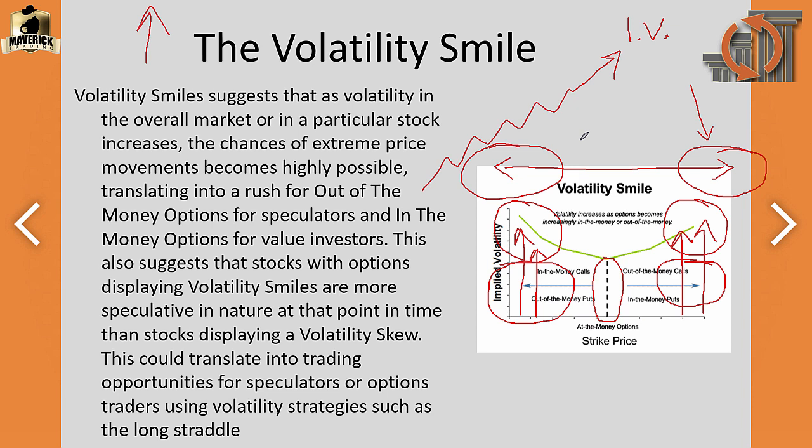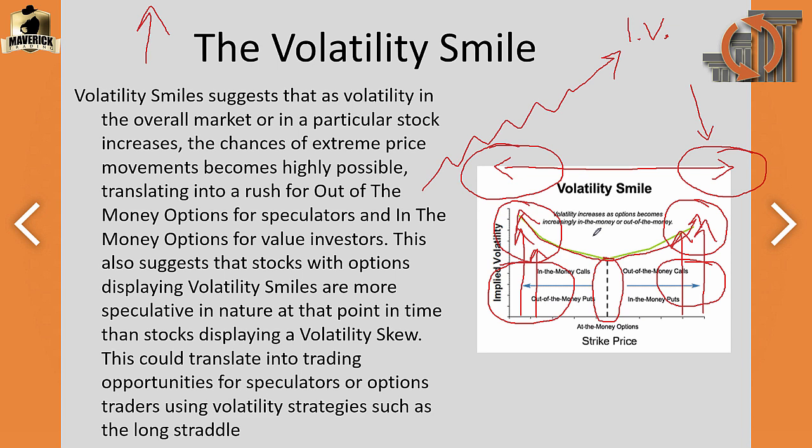I've always found that the greater the volatility smile is, the more directional you want to be. Meaning that there is a real high probability of there being a big move. That's all it's saying, is there's a higher probability of there being a big move.